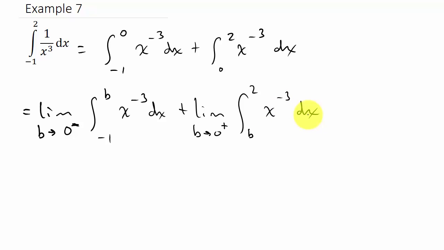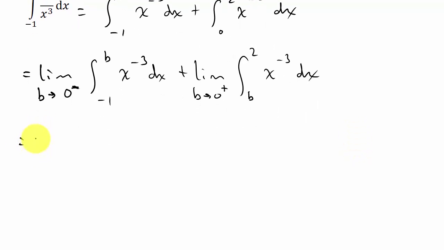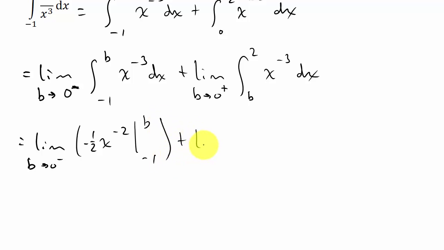Alright, so now I'm ready to integrate this. This is the limit as b goes to 0 from the left. I add 1, so that's x to the -2 times the reciprocal, that's -1/2, going from -1 to b, plus the limit as b goes to 0 from the right, and this is the same integral, -1/2 x to the -2, going from b to 2.